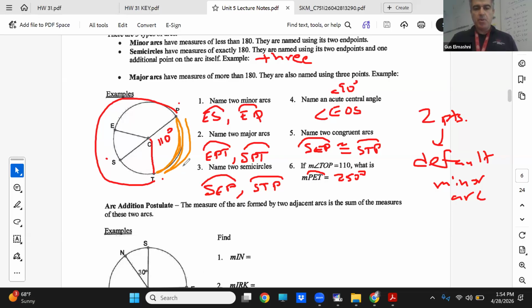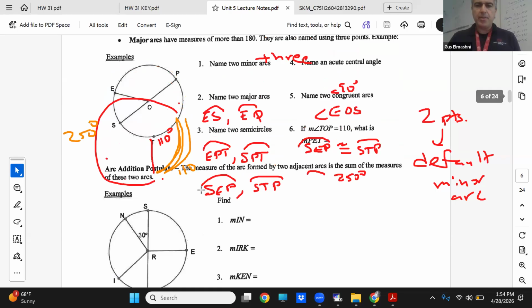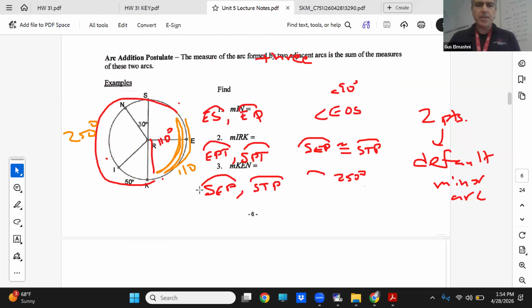If it's intercepting this one, this is 110. Therefore, this has to be 250 because this is what's left over. Okay, we're good there? Okay. All right, so that's just getting comfortable and familiar with the naming and identifying those things.